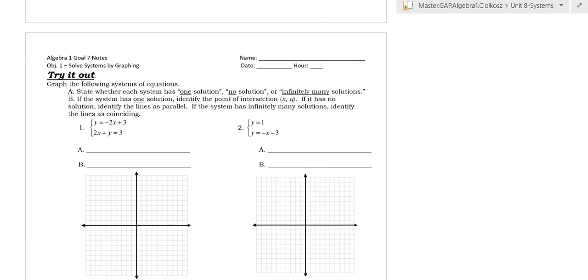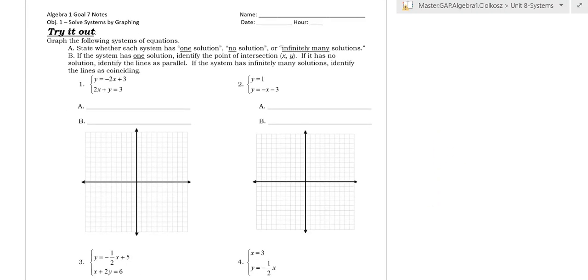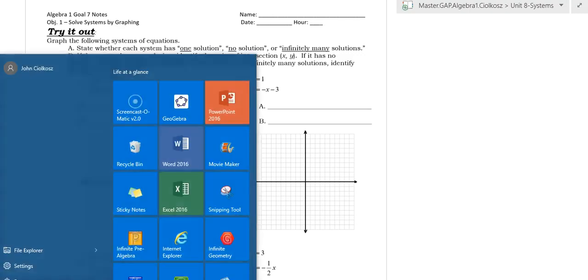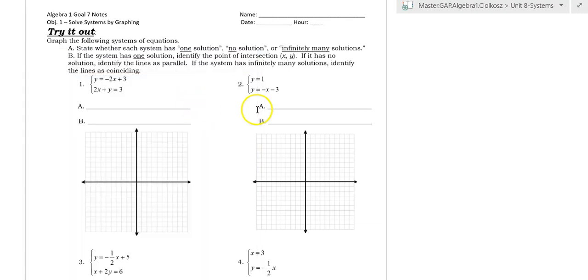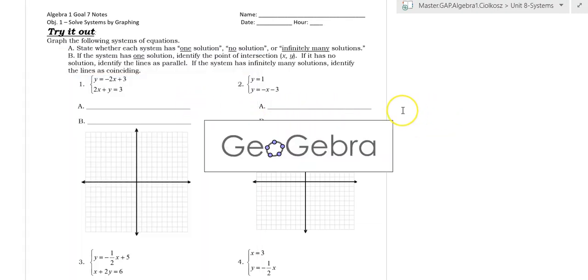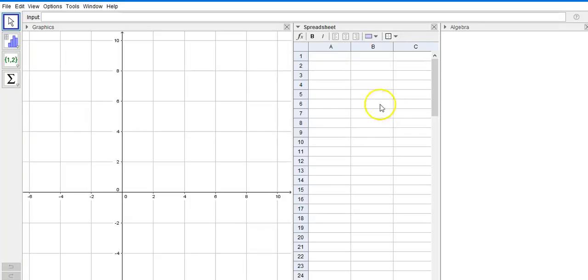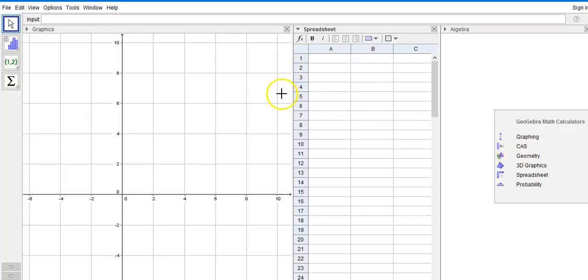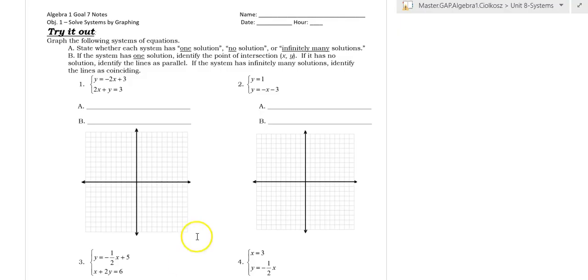Alright, you guys are going to love this. When we solve these, we are using GeoGebra. So anytime you solve by graphing, we're only going to use GeoGebra. So go ahead and open that up now. Once we go ahead and solve, here's what we're going to do. We want to have y is equal to negative 2x plus 3.